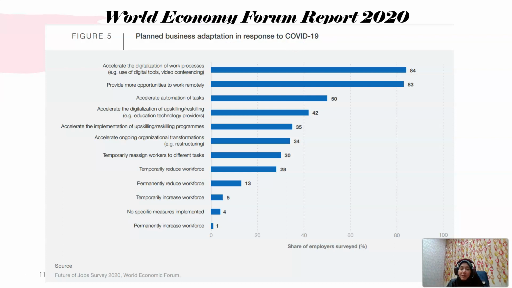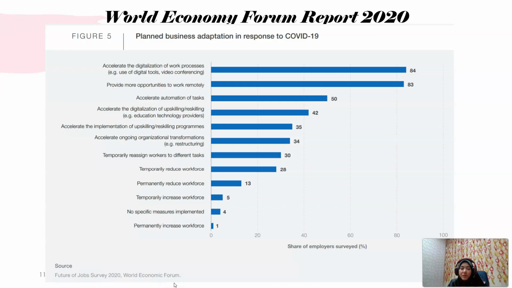All over the world was impacted by COVID-19. In terms of business adaptation, there was also a very significant impact from COVID-19. So this is the planned business adaptation. The source is from the Future Jobs Survey, World Economic Forum.